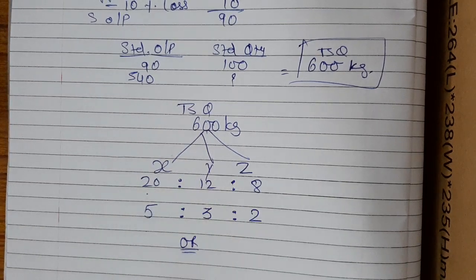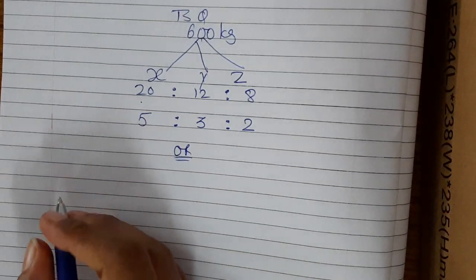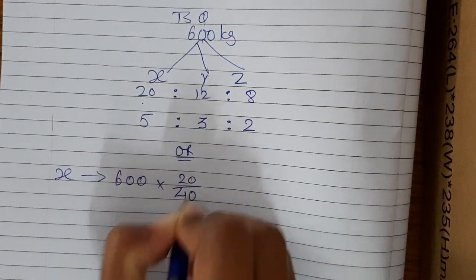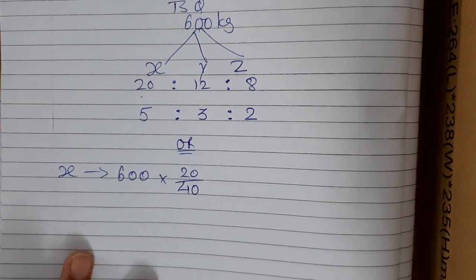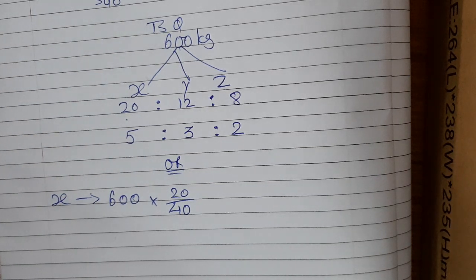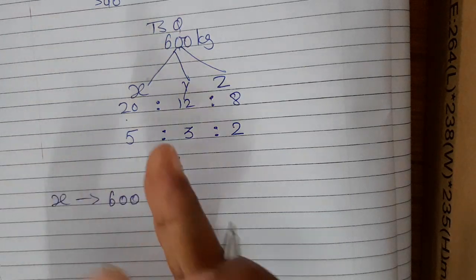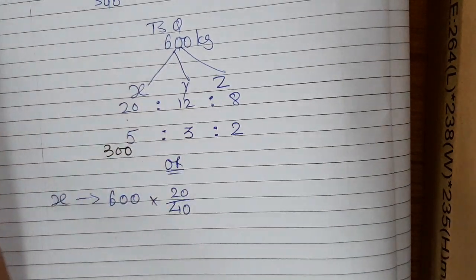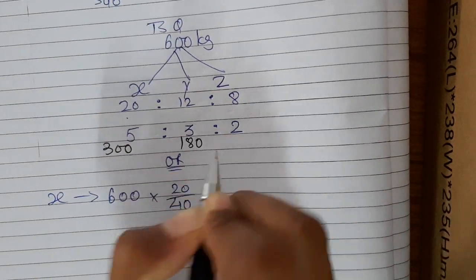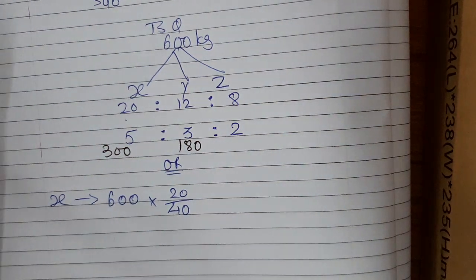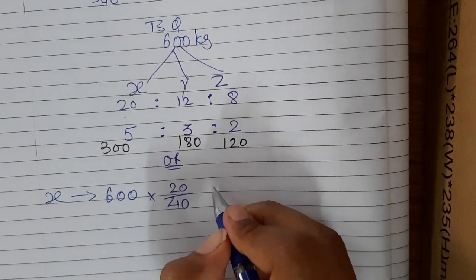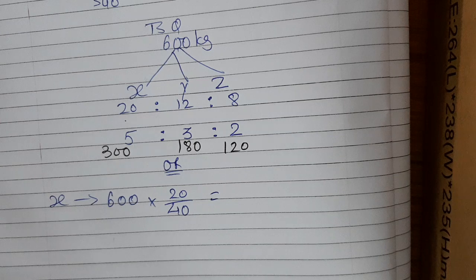Or directly you can go with, for X it is 600 into 20 by 40. Alright, these two methods you can use. So 600 kilograms into 5 by 10, that would be 300. 600 into 3 by 10, so 180, and 600 into 2 by 10, that would be 120. So if we are going to use this formula, the answer would be same.